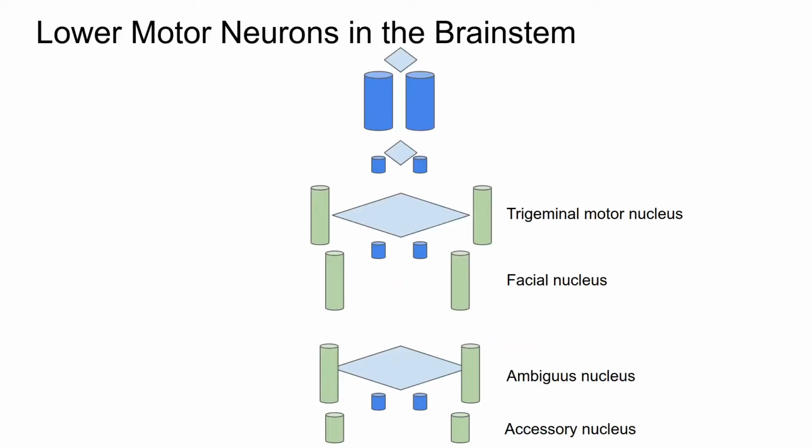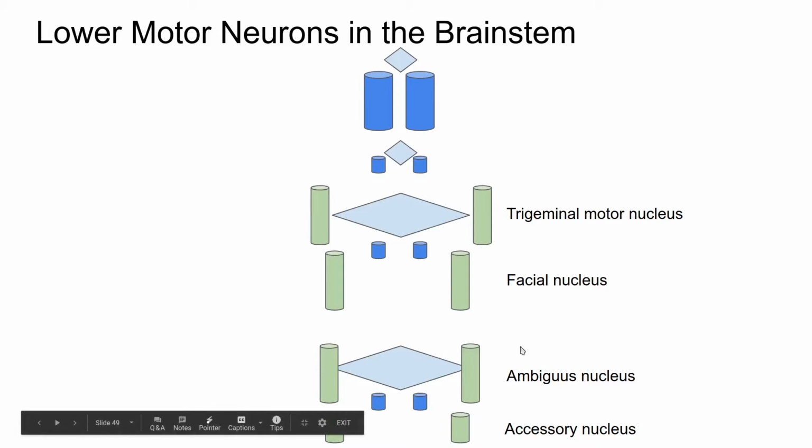Okay, introducing the branchial motor columns of gray matter, those which will control the jaw muscles via the trigeminal motor nucleus, the muscles of facial expression by the facial nucleus, and the nucleus ambiguus, where cranial nerves 9 and 10 terminate, but you do not know which belongs to which, whether it's 9 or 10.